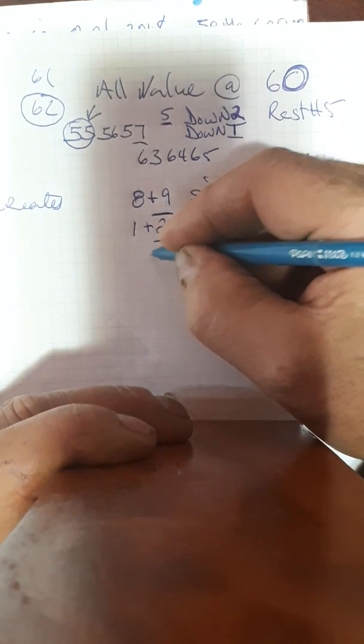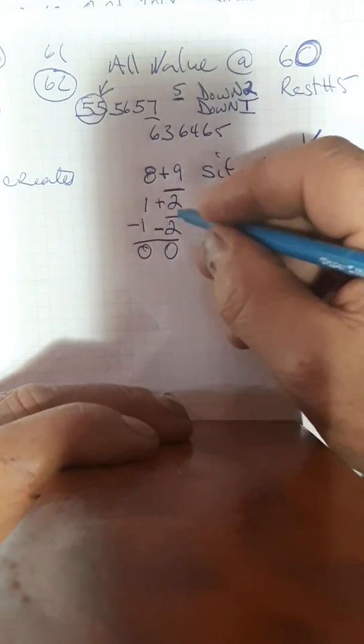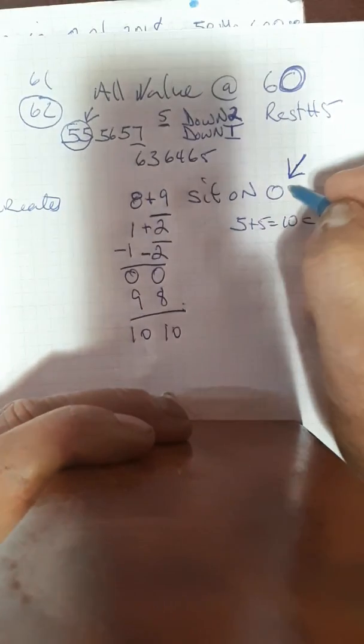I'm not quite sure what kind of story. So 8 and 9, as well as 1 and 2, will now be minus 2 and minus 1 to give us 0 and 0. Or if we want to bring it to 10, we go plus 8 and plus 9 to rest on 0.